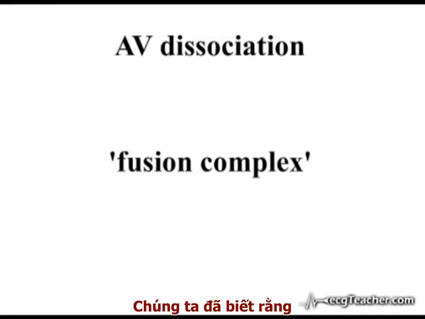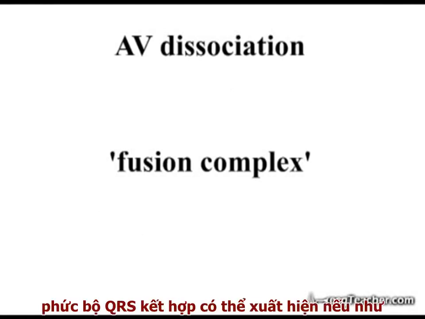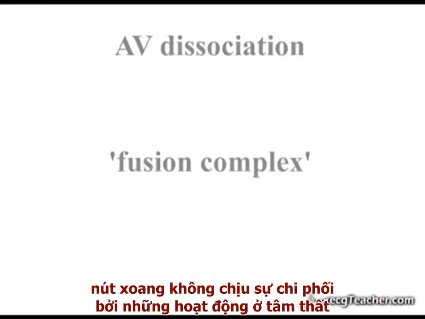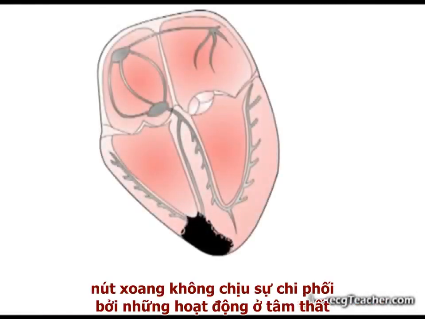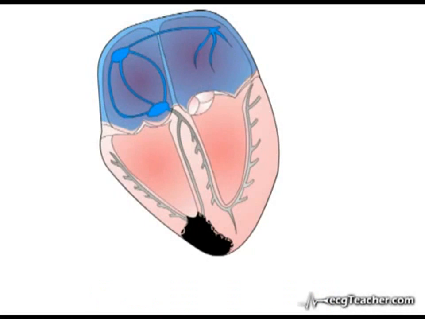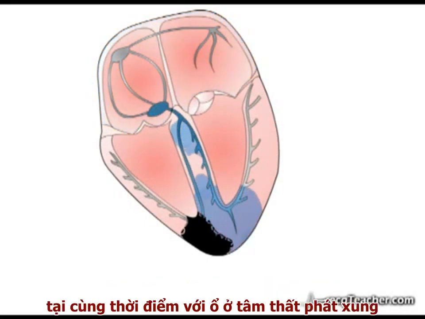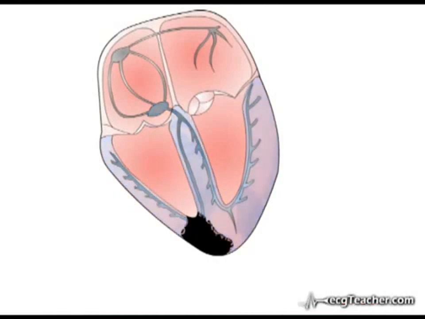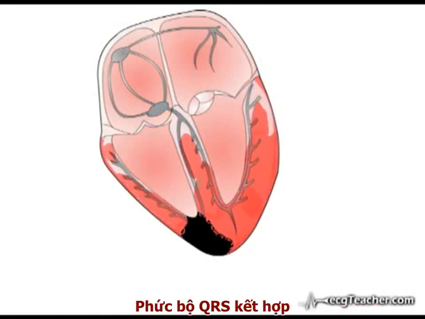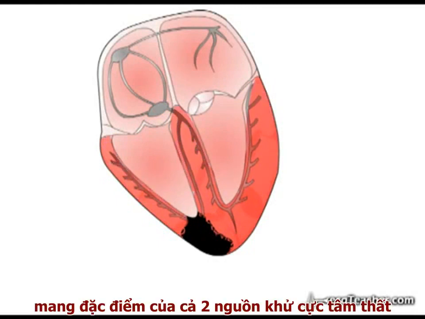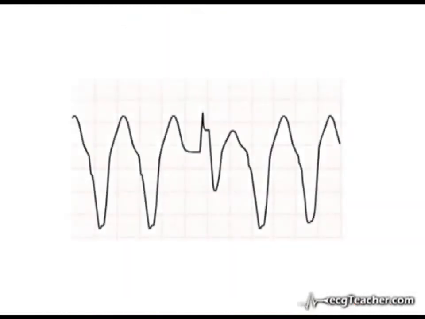We've already seen that a fusion QRS complex may arise if the SA node, uninfluenced by events in the ventricles, fires and depolarization is transmitted into the conducting system just as an ectopic ventricular focus discharges. The fusion QRS complex generated will demonstrate features of both sources of ventricular depolarization.